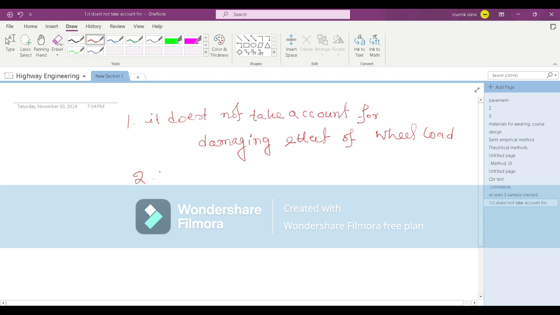Secondly, it does not design for multiple or single wheel load.